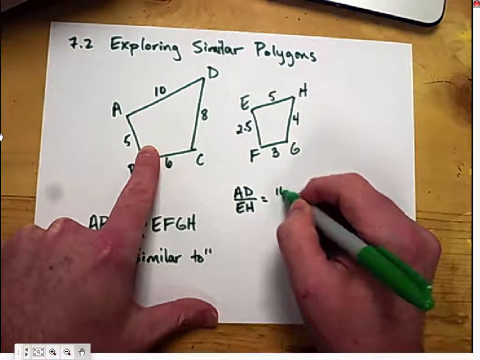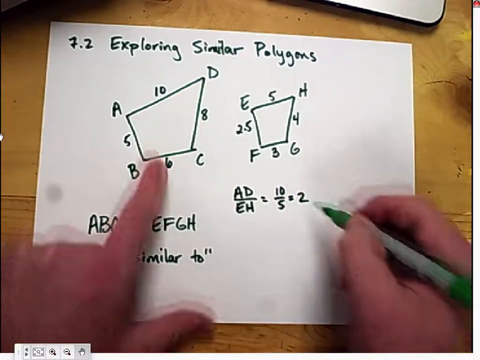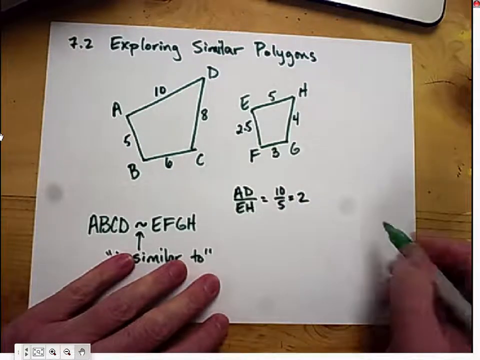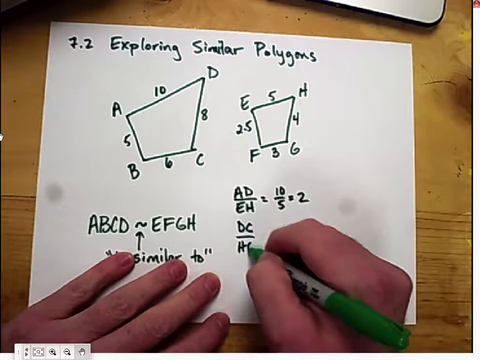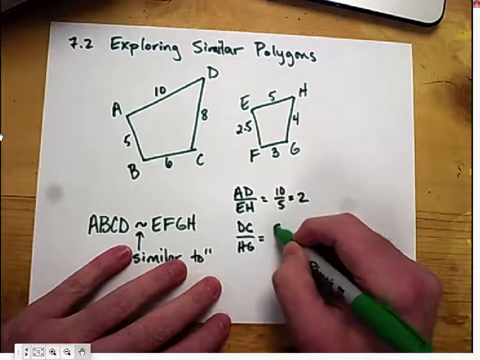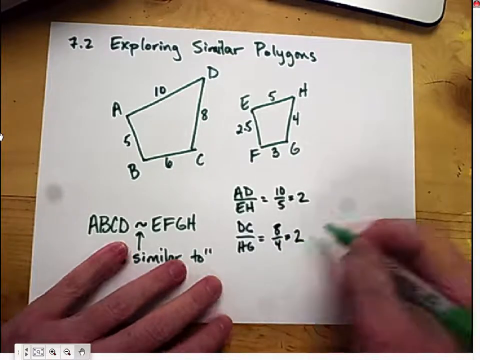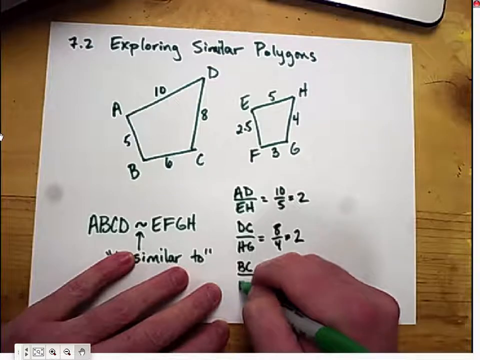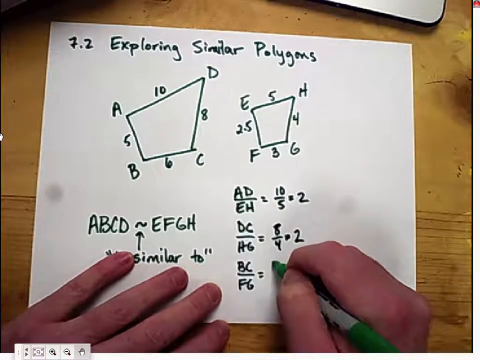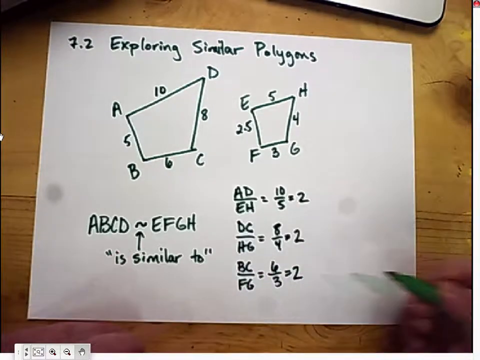That'd be 10 over 5, which is 2, right? If you did DC over HG, you would get 8 over 4, which is 2. If you did BC over FG, you would get 6 over 3, which is 2.